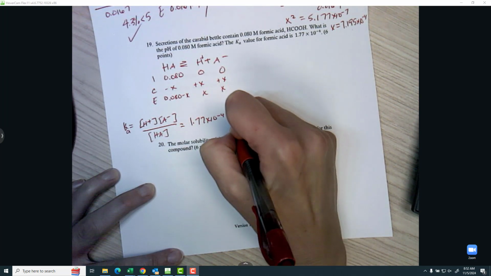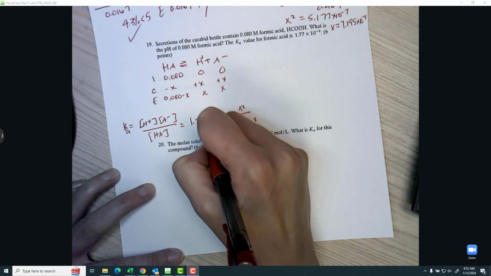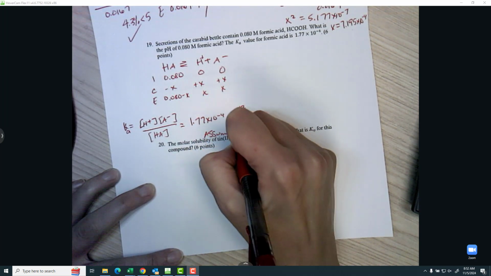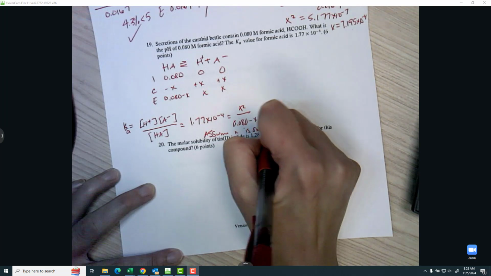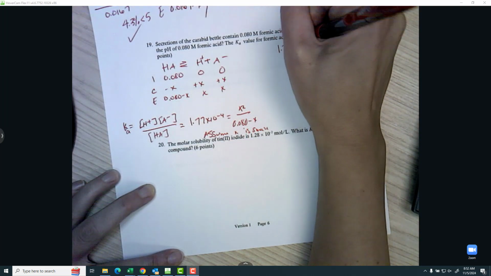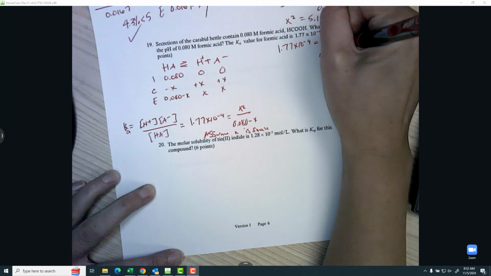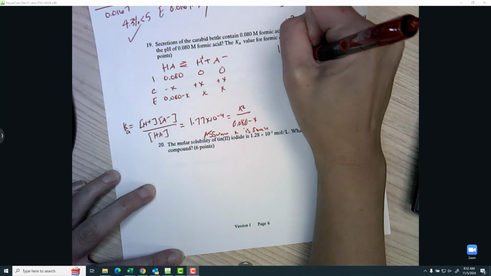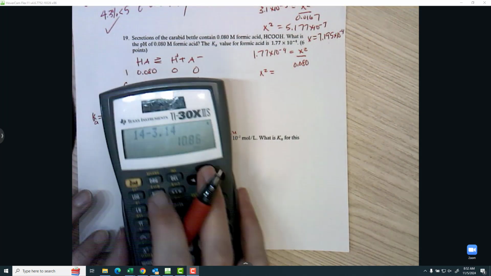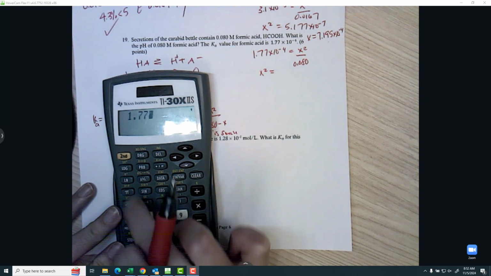Plug in everything for my ice table. Assume x is small. Cross multiply.